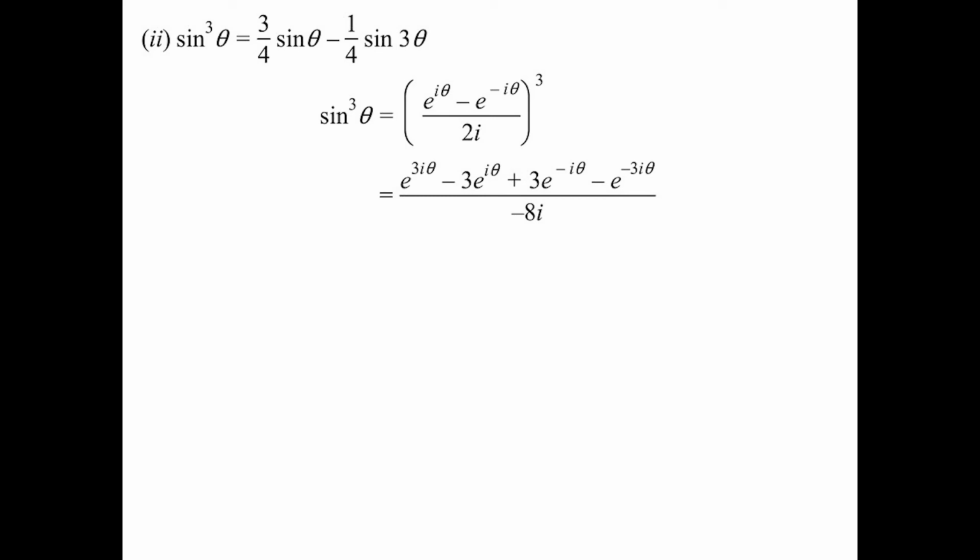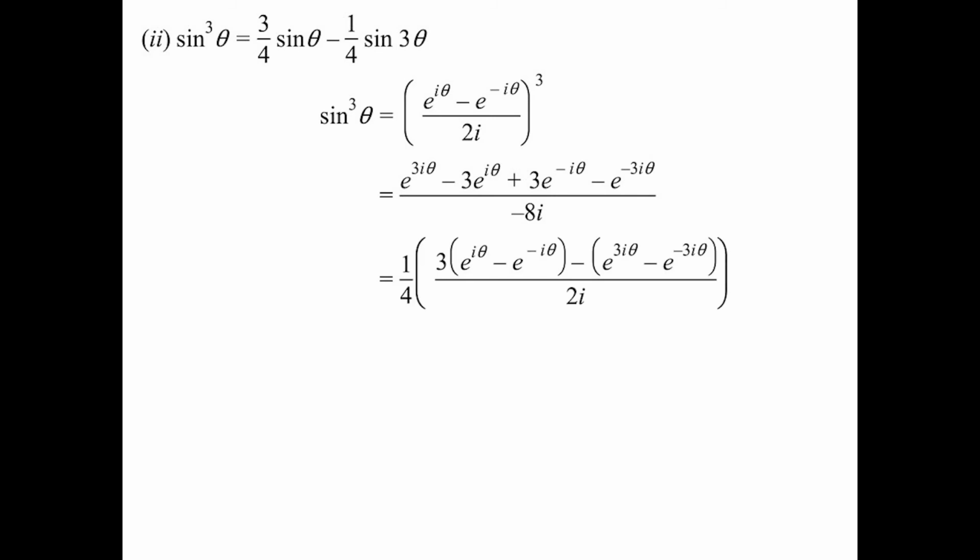And then on the top, I'm going to group together the different powers. So the iθs and the 3iθs. So I have 3 lots of the e to the iθ minus e to the minus iθ. It's a good tongue twister, that one. Minus just 1 lot of e to the 3iθ plus e to the minus 3iθ. Well, there is our relationship for sin θ and sin 3θ.